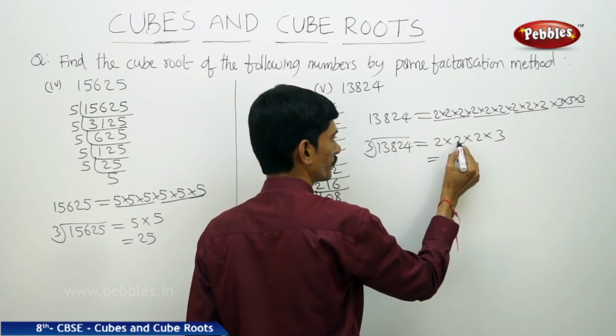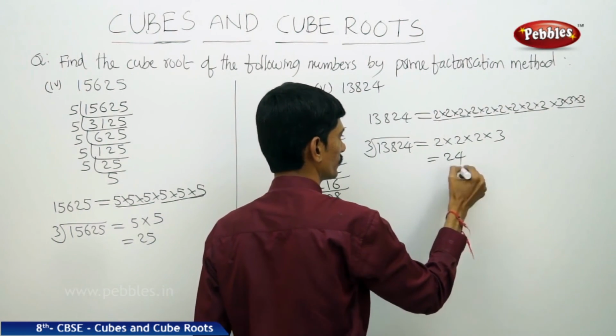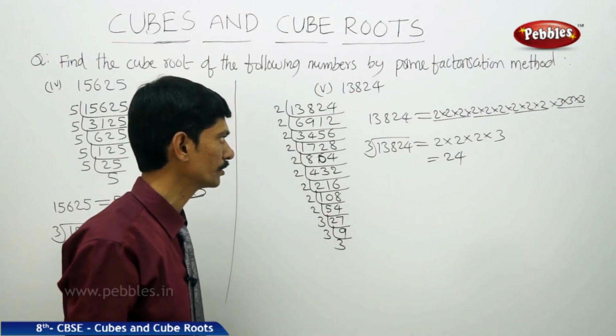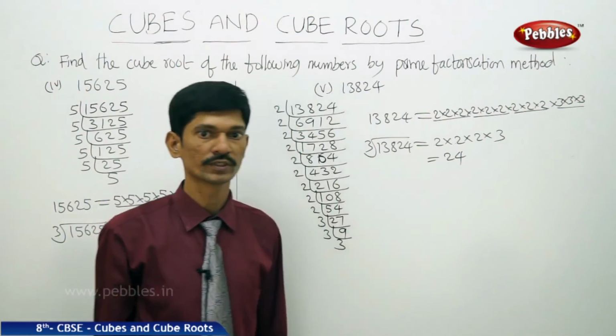So 2 2s are 4, 4 2s are 8, 8 3s are 24. So the cube root of 13,824 is 24.